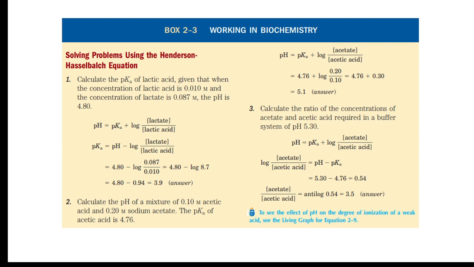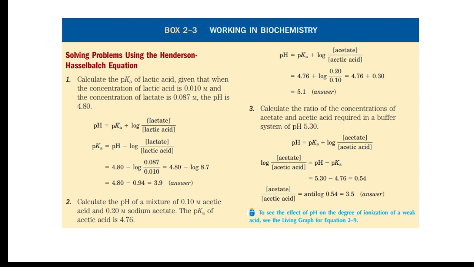Therefore, the pKa is equal to pH minus log of molar concentration of lactate divided by molar concentration of lactic acid, which is equal to 4.8 minus log of 0.087 divided by 0.010, which is equal to 4.8 minus log of 8.7, and the answer is 4.8 minus 0.94. Final answer is 3.9. So the pKa of lactic acid is 3.9.